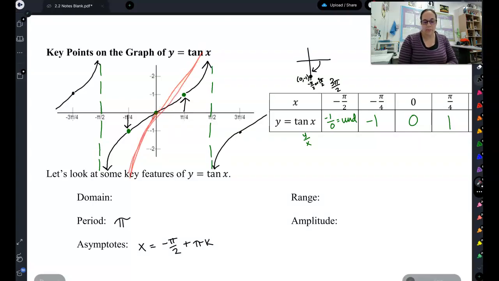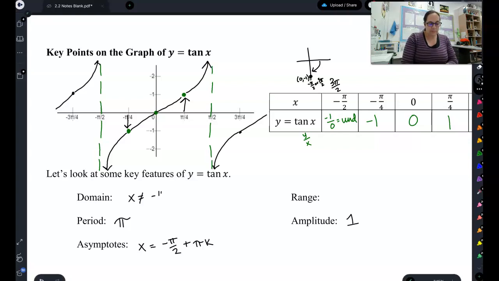So that's where the amplitude comes in, but in this case, it is still up 1, down 1. The domain is going to be everything except my asymptotes. And my range, those y values, go from negative infinity to infinity. It's going to hit all the y values. And this is our tangent shape.